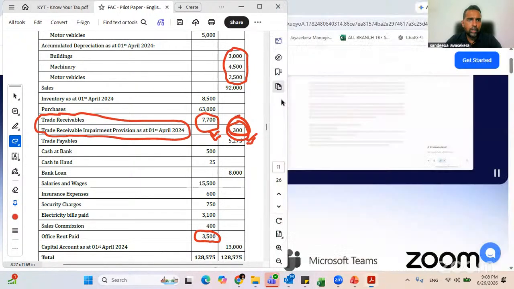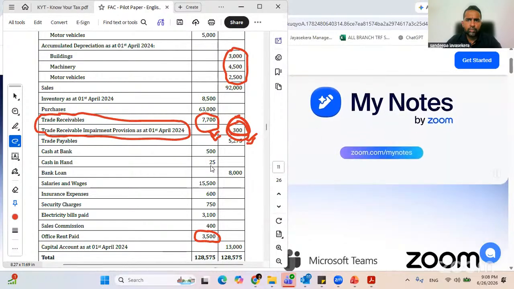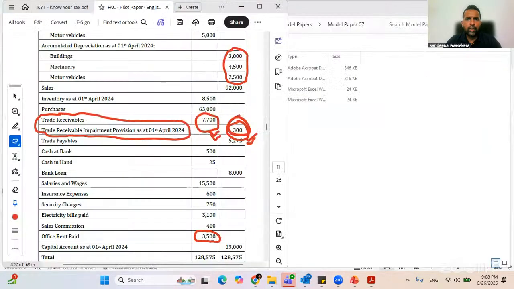So now I'm going to share the paper, the answer, with you all. We spent nearly 2 hours on discussing the paper, and we have 100% completed the paper.